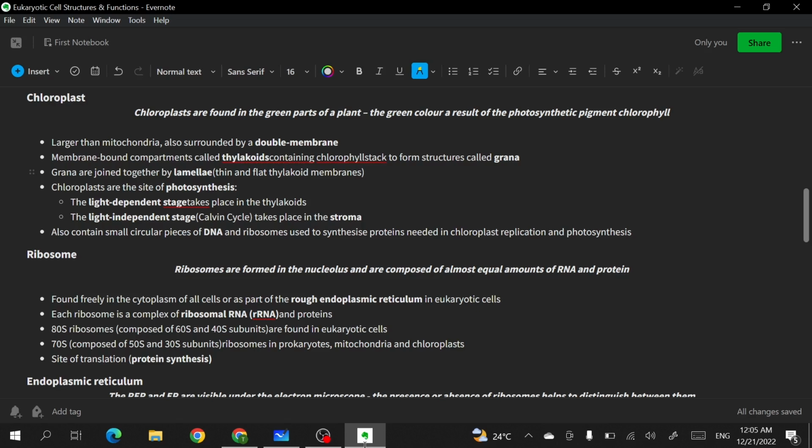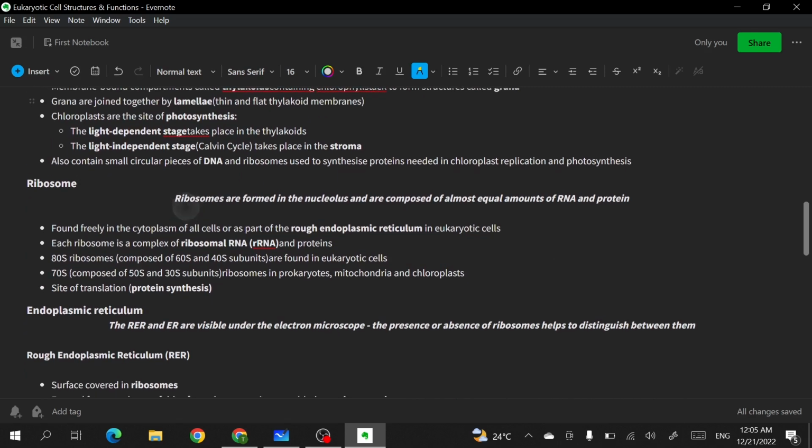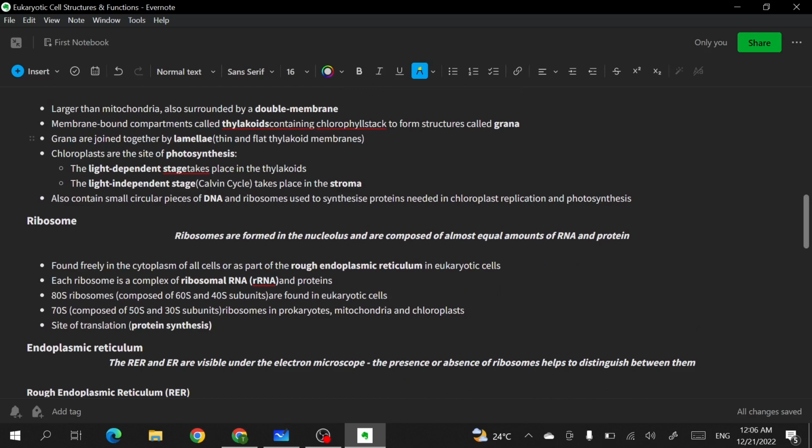They are thought to have been prokaryotes before. That's why they have 70S ribosomes. It is mentioned here, but of course you know it, and you need to know it.